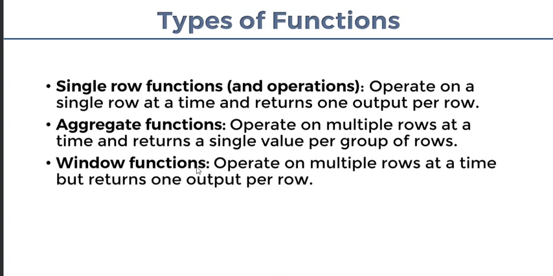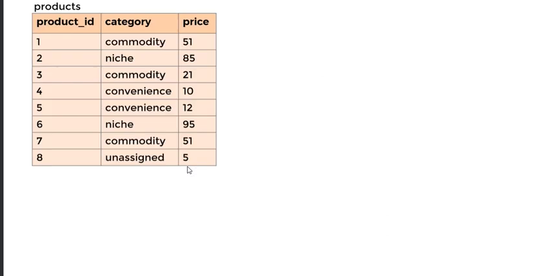Window functions, unlike single row functions and aggregate functions, operate on multiple rows at a time but return one output per row. Let's see with examples later, right? Okay, let's look at some examples.